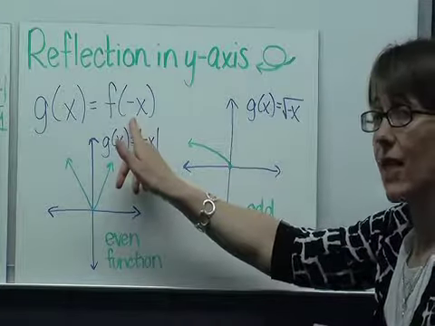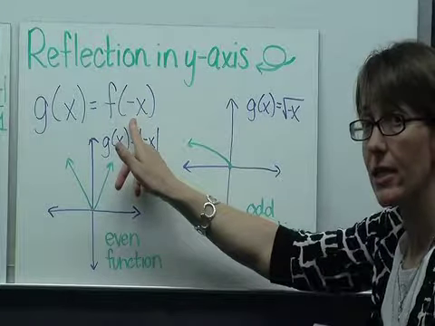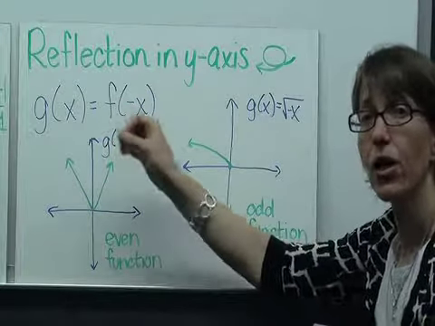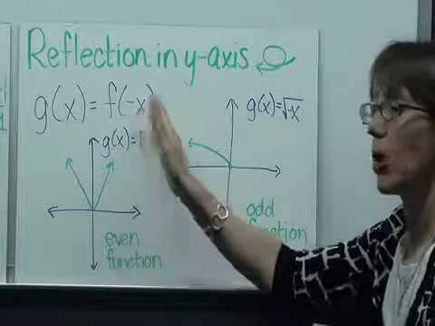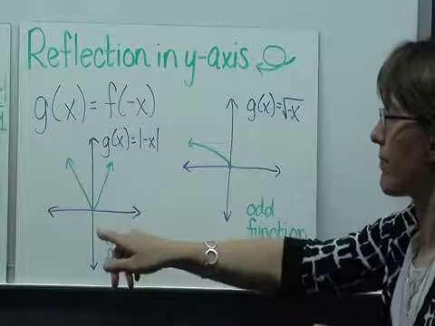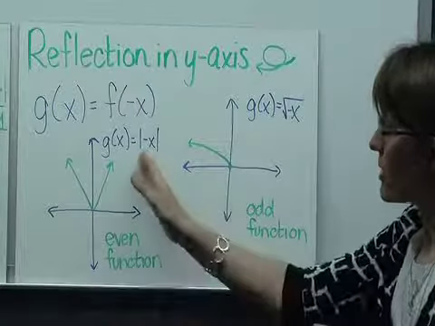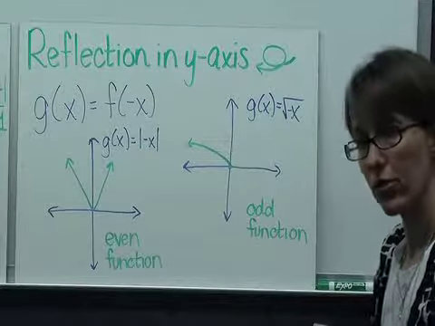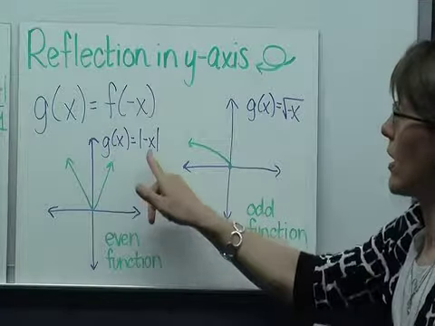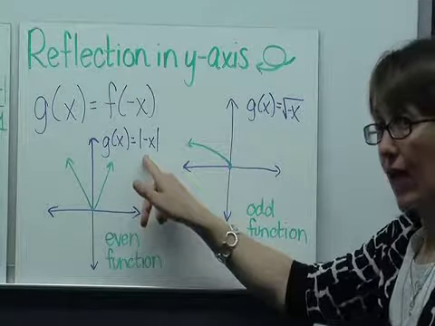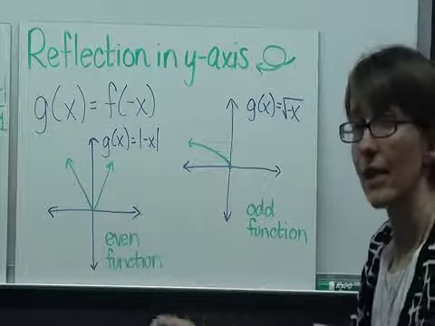Notice that the negative sign is now inside the parentheses rather than being a coefficient multiplying the parent function. So it's part of the argument of the function. For some functions, such as the absolute value function or the quadratic function, the graph of the opposite of x will look exactly the same.